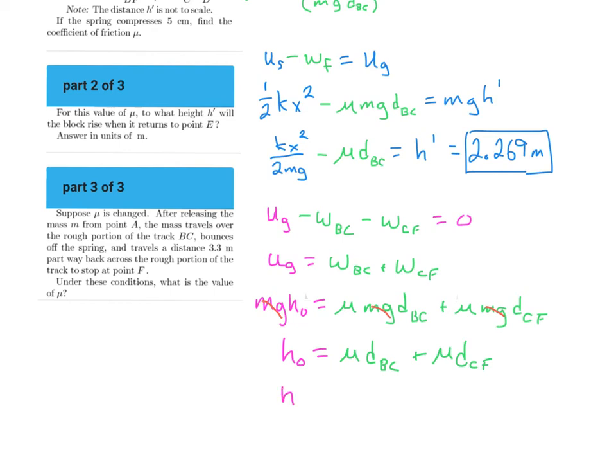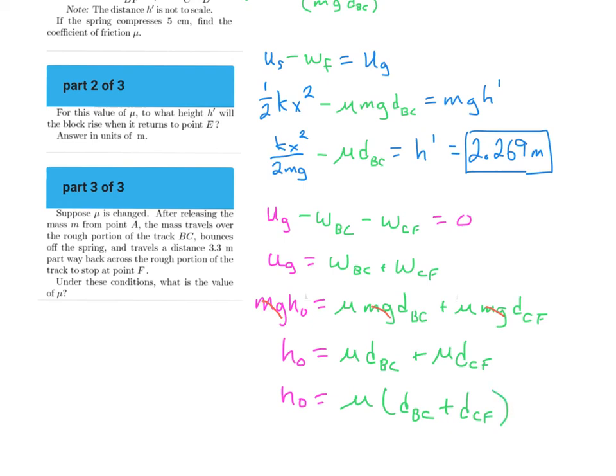So that gives us h0 equals just mu, and then in parentheses, this is dBC plus dCF. In other words, that's the total distance that it is going to be sliding and losing energy.